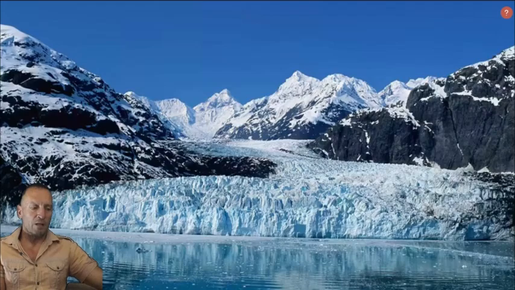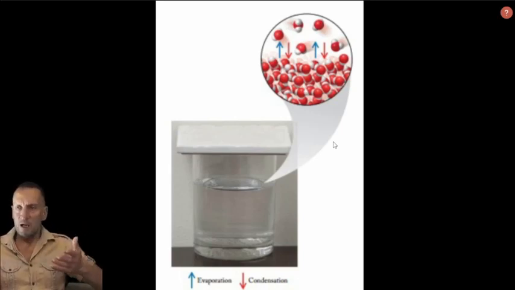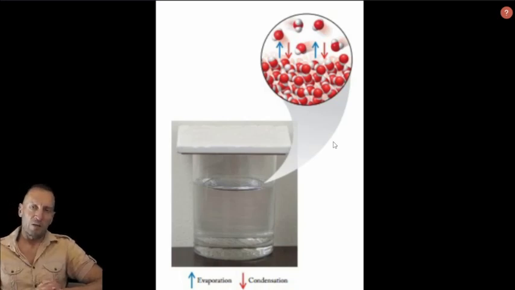Now, I want to ask you, have you ever left a glass of water open on the counter and forgotten it? It's not going to take hours, but maybe days, and you can see that the water is reducing its level, getting smaller and smaller.